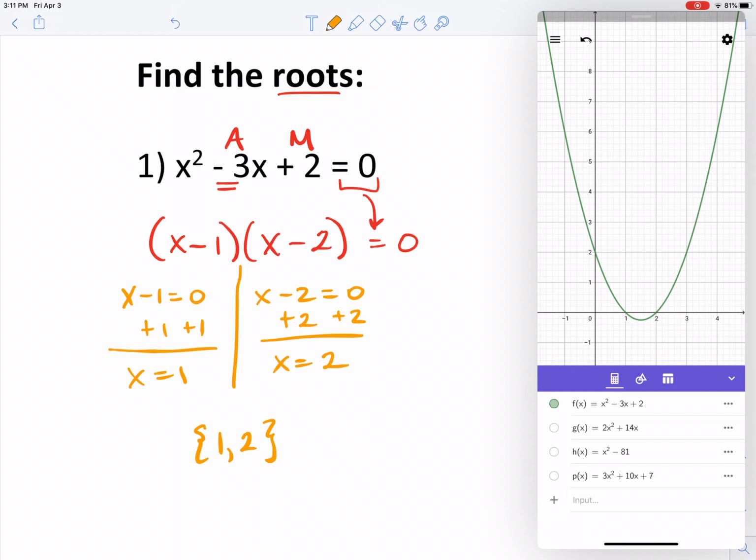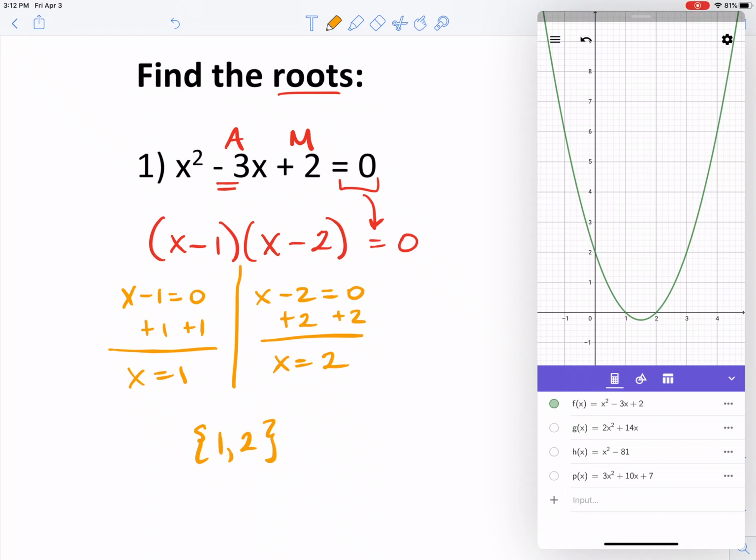So I had already typed all the equations in, so this is the first one. Now I want you to look at the graph and look at the solutions we just got and see if you could find a connection of how looking at the graph you could find when this equation x squared minus 3x plus 2 is equal to 0. Where is the graph equal to 0? On the x-axis. Now look at where the graph crosses the x-axis.